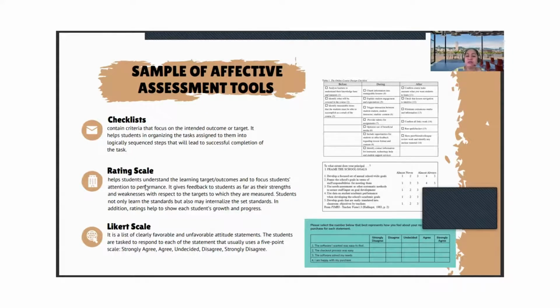Then rating scale. I'm pretty sure you've already have it, especially in doing like webinars, di ba? May mga webinars and then they will be like a rating there na totally agree, totally disagree, yung mga ganon.